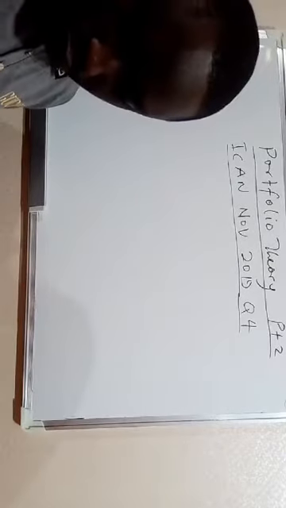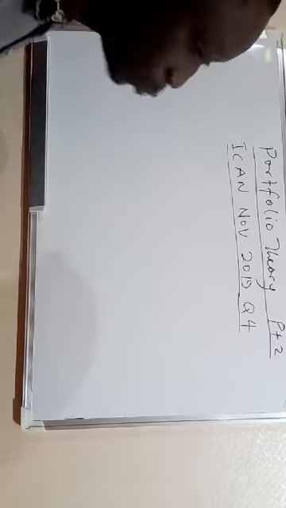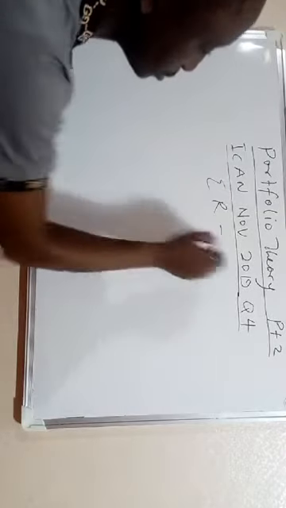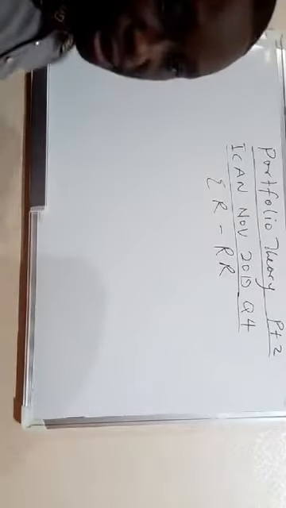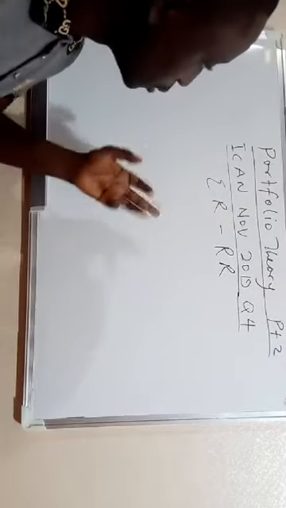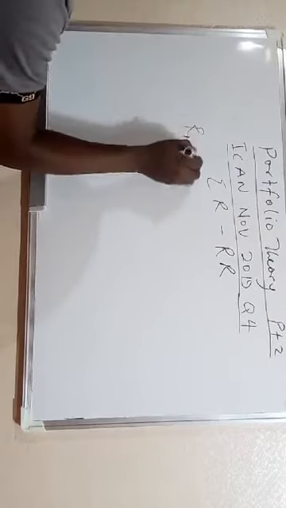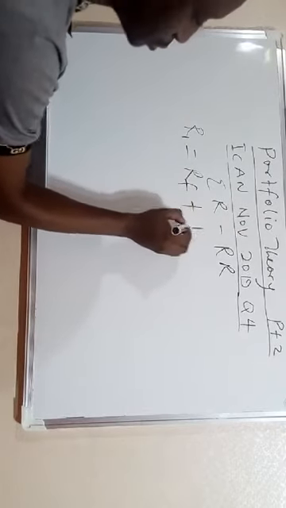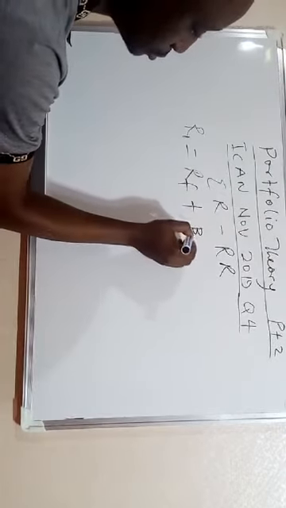So for you to know the security to buy, you will compare the expected return and the required return. The expected return has already been given in the question, but the required return we need to calculate. The formula you normally use to calculate the required return is the same thing as the CAPM formula: required return equals risk-free plus beta.